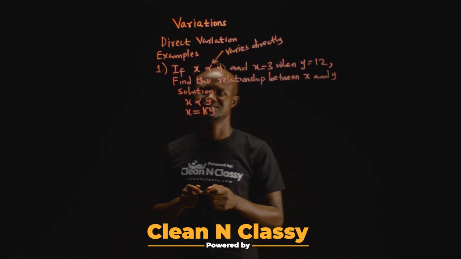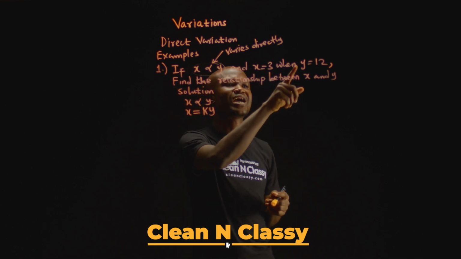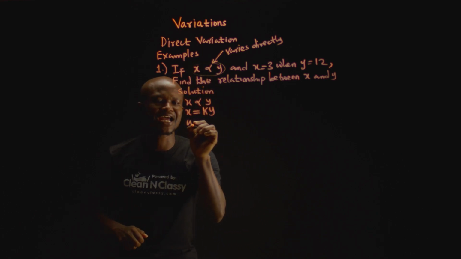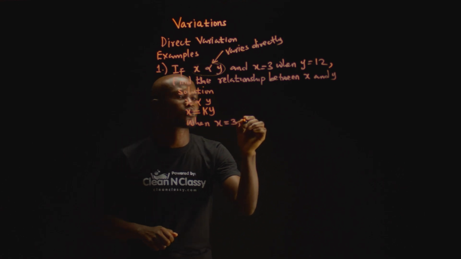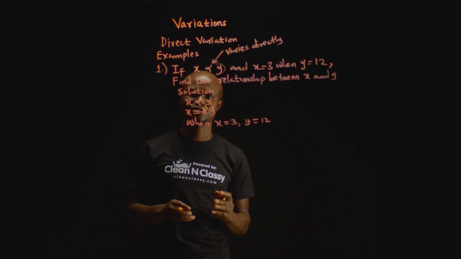Take note of that. Now, x equals 3 when y equals 12. So we are going to write, when x equals 3, y equals 12. So what are we going to do?